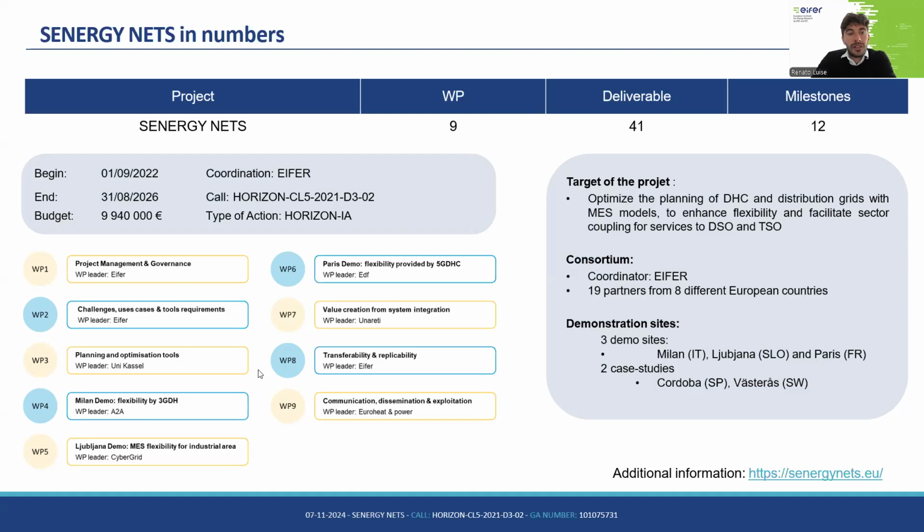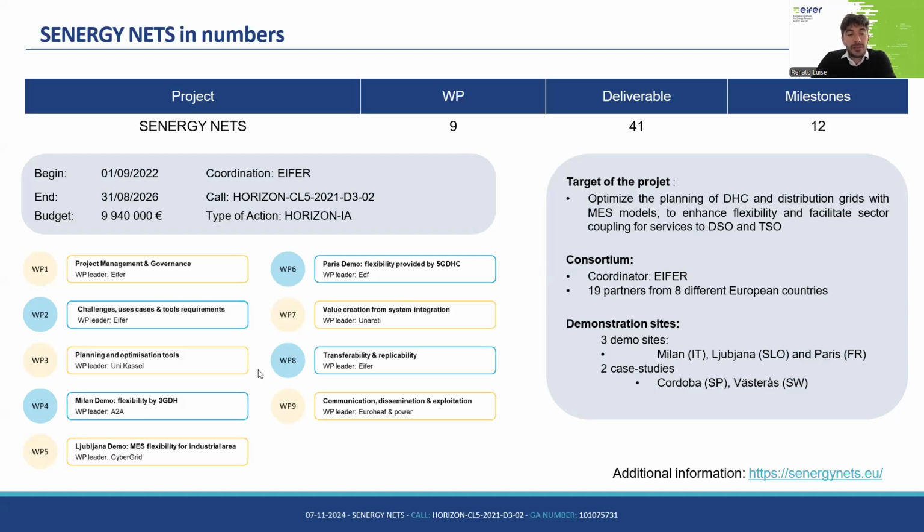As I said, here you can see in a bit more detail the work packages and how they are structured, just to let you understand how we decided to plan the development of the project. Work package 1 concerns the management and the coordination of the project, while we started with work package 2, when we first analyzed all the challenges and tried to define the use cases and the tool requirements for achieving our goals.